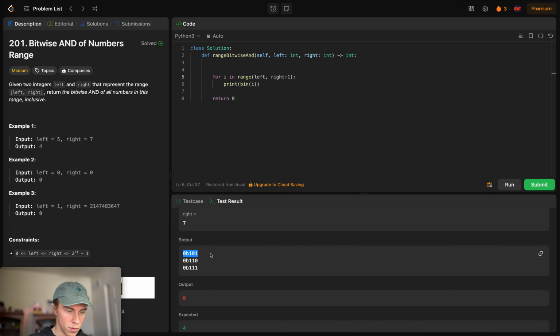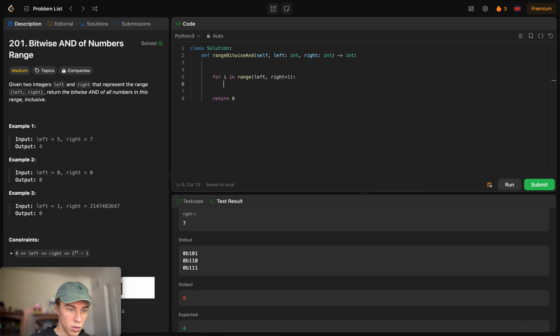Yep. 1, 2, 4. Okay, so they're also in big endian format, meaning that the most significant bit comes first. The most significant bit comes first, so could I do right shifts until I get this same prefix?